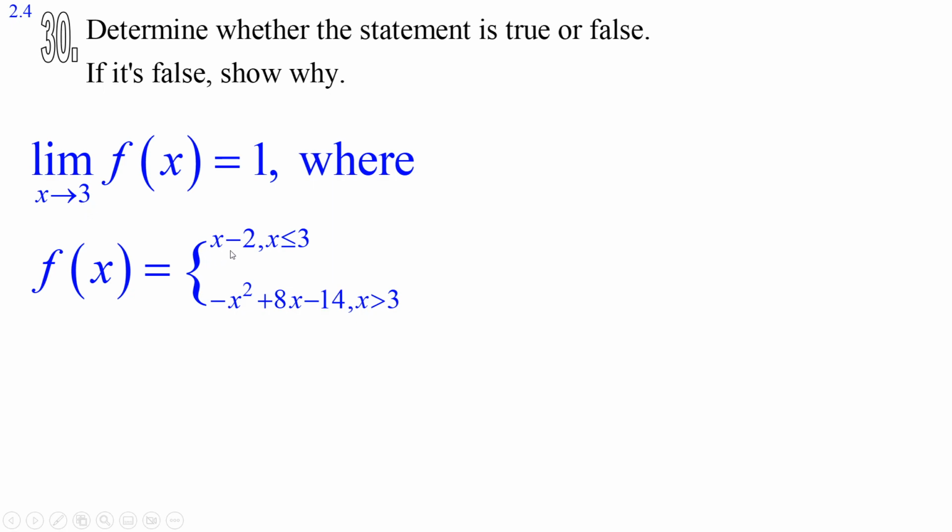So 3 minus 2 is 1. And then that would be negative 9 plus 24, and that would be what? 15 minus 14 is 1. So with direct substitution, I get 1 with both of these parts of the compound function. So I'm going to say that's a true statement.